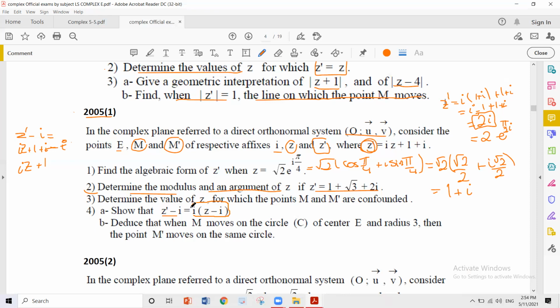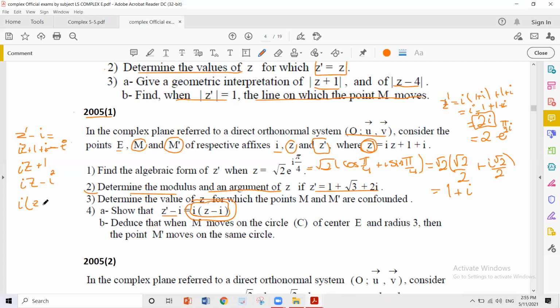How to change it to that form? We can write 1 as minus I squared, so that we take I common.